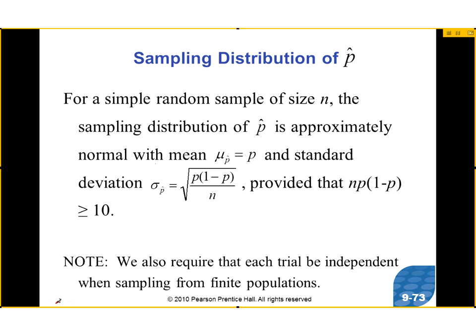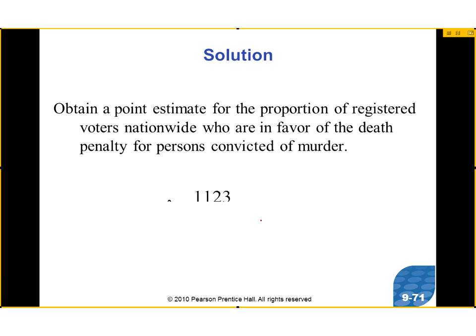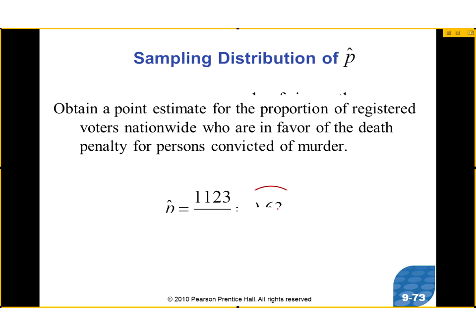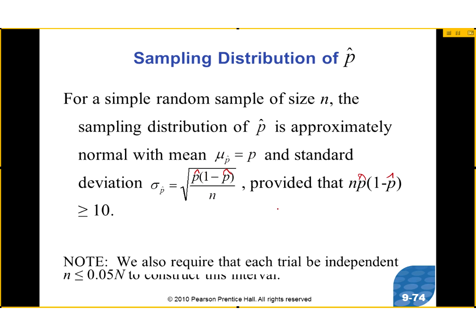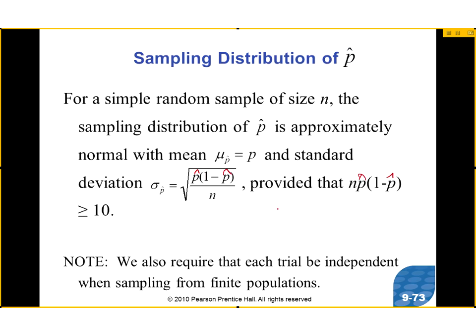Okay, so this one I'm going to draw on here. Give you all a second to catch up with me. So when we're doing this, this is a little p hat. In the previous example, our p hat was 0.63. Okay, and so we need to know that this is true.